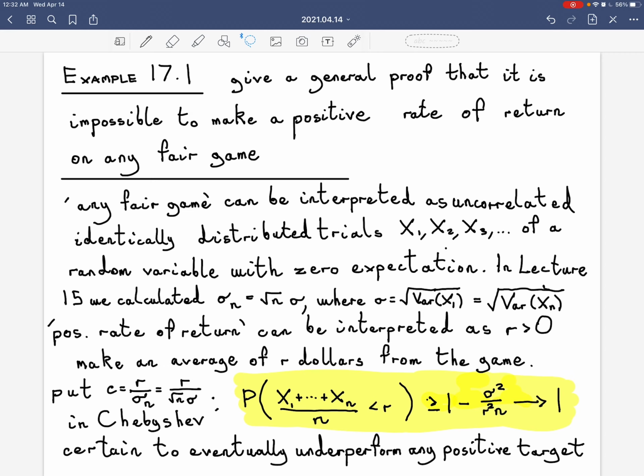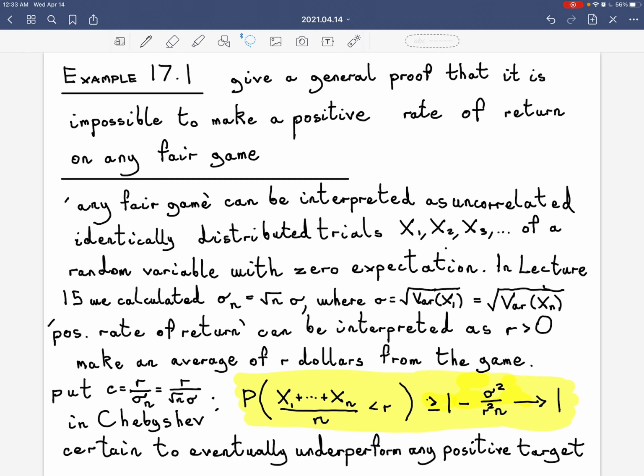The concept of fairness is tied to zero expectation through the idea that anyone with mathematical computation ability and access to the model of the random variable can determine the expectation.